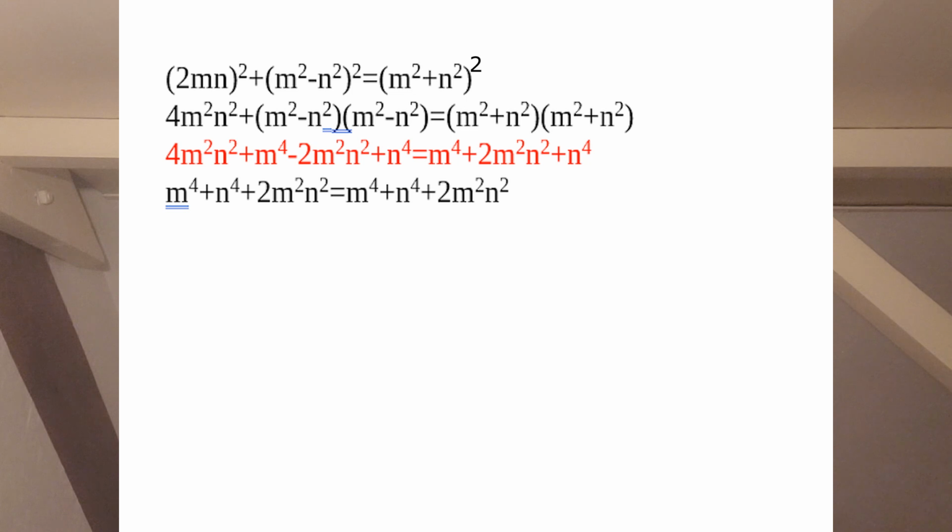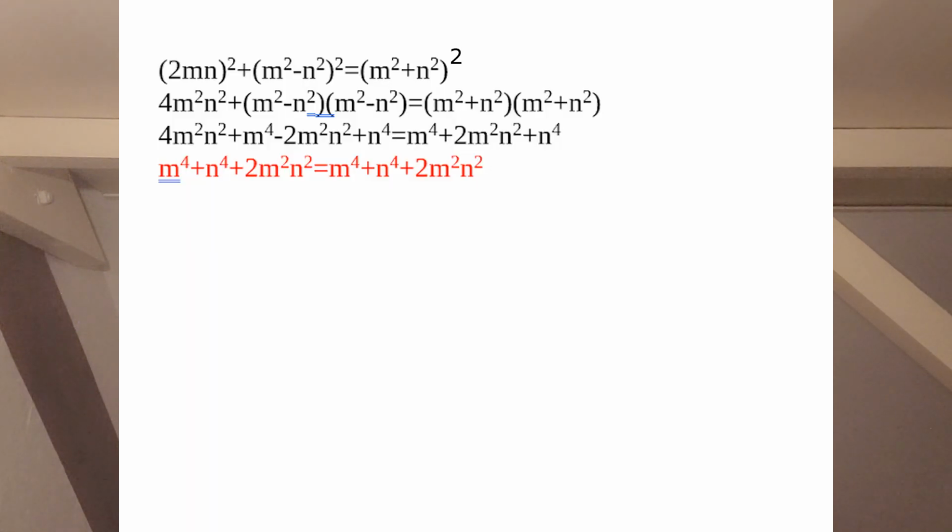It gives 4m squared times n squared plus m fourth minus 2m squared times n squared plus n fourth equal to m fourth plus 2m squared times n squared plus n fourth.